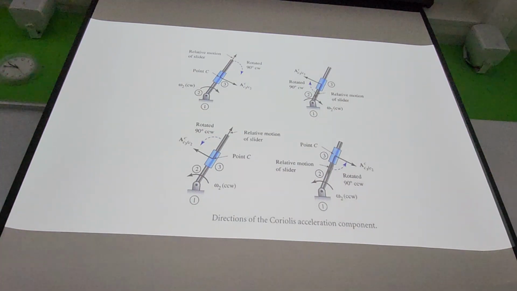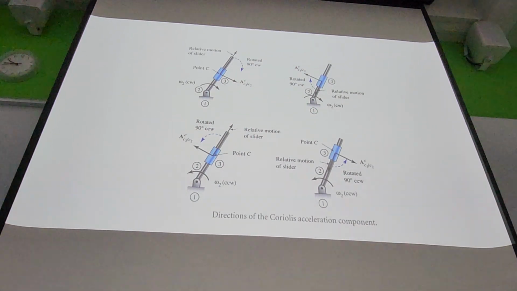This relative acceleration is called the Coriolis acceleration of point C on link 3 and link 2. It points perpendicular to link 2, but on the other side. Now the bottom two diagrams show omega 2 is counterclockwise.